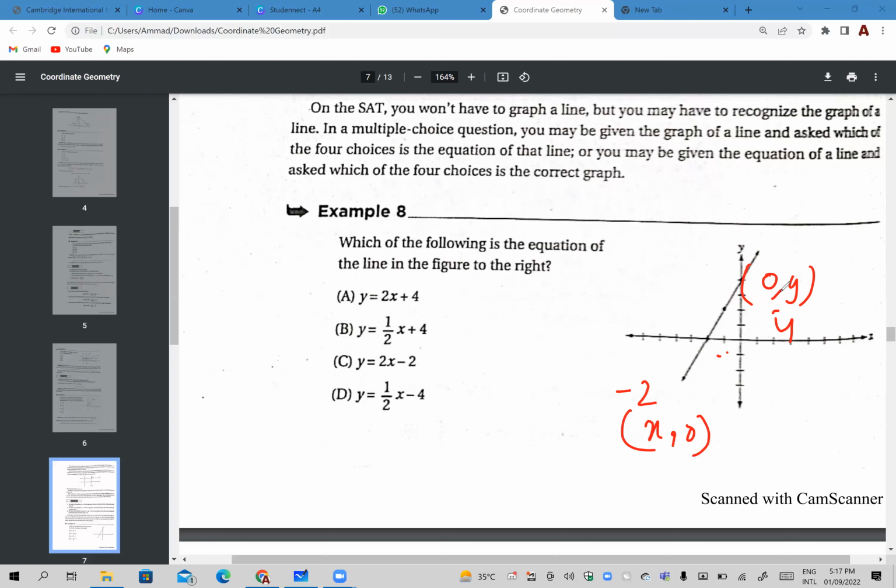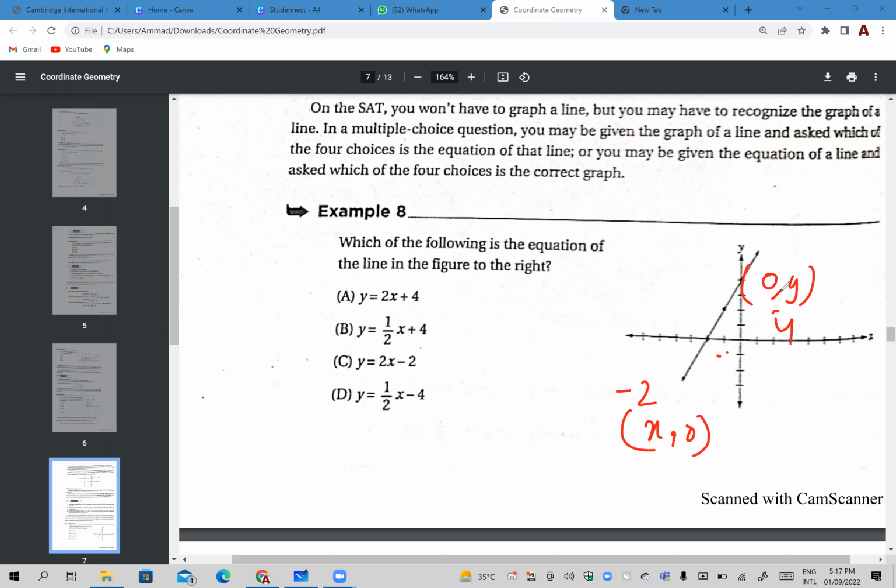Okay, so gradient, would it be a negative gradient or a positive gradient, guys? Any idea? Positive? Yes, it will be a positive gradient because the line, you see, is an increasing slope.